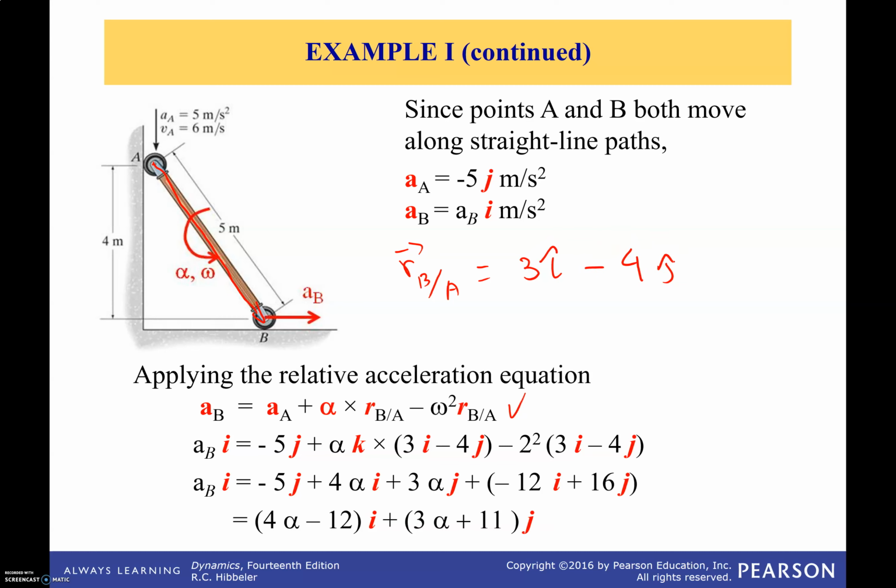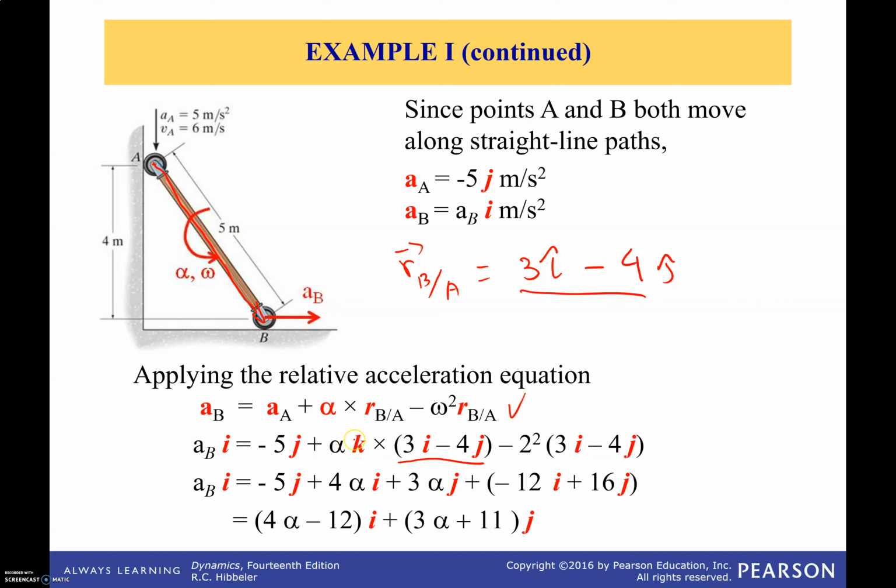That is your vector rBA. Now we can break this equation into components. The acceleration of B has only an x component, and the acceleration of A has only a y component. Then we have alpha cross rBA, where rBA is this vector here.